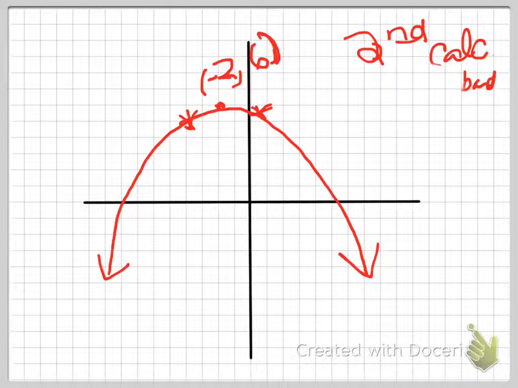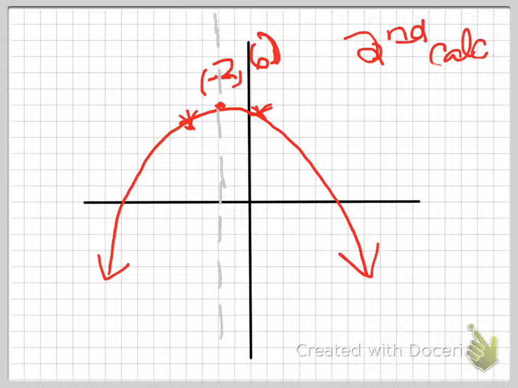Okay, remember that. All right, but that's what you're going to have. You're going to find the vertex on your own, and then you can label that vertex. It's also going to ask you for the axis of symmetry. I can take now a marker here, and I can draw me a line, an imaginary line right down the middle of this parabola. And if you can take this and fold it in half, that's going to be my axis of symmetry.